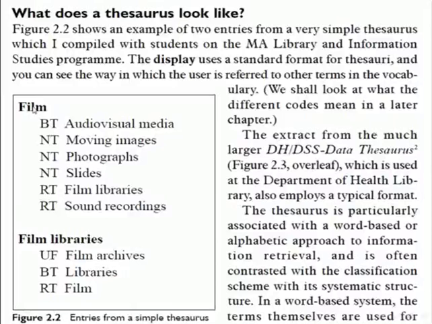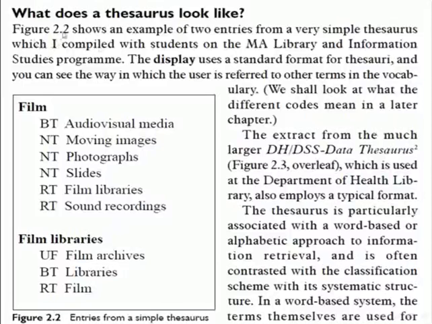For example, you find the entry film, and under the word film, you find audiovisual media, moving images, photographs, slides, film libraries, sound recordings. That's what we call the thesaurus way.